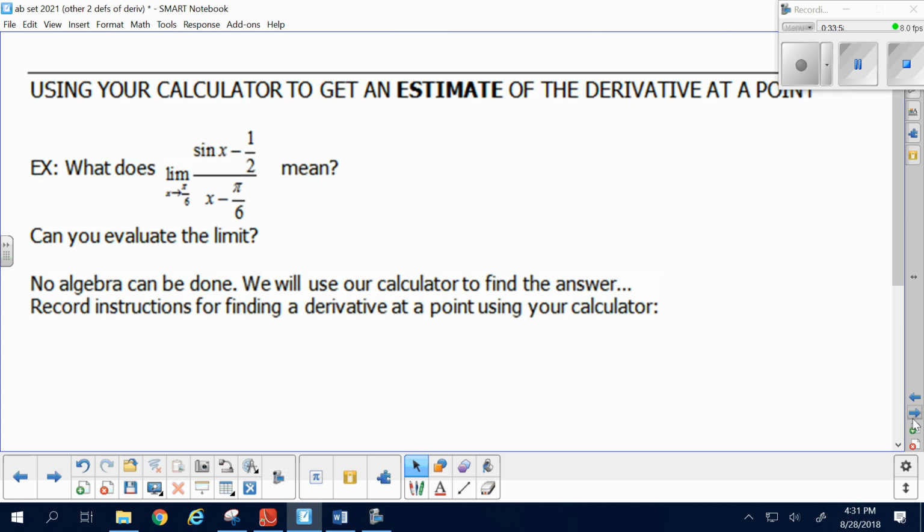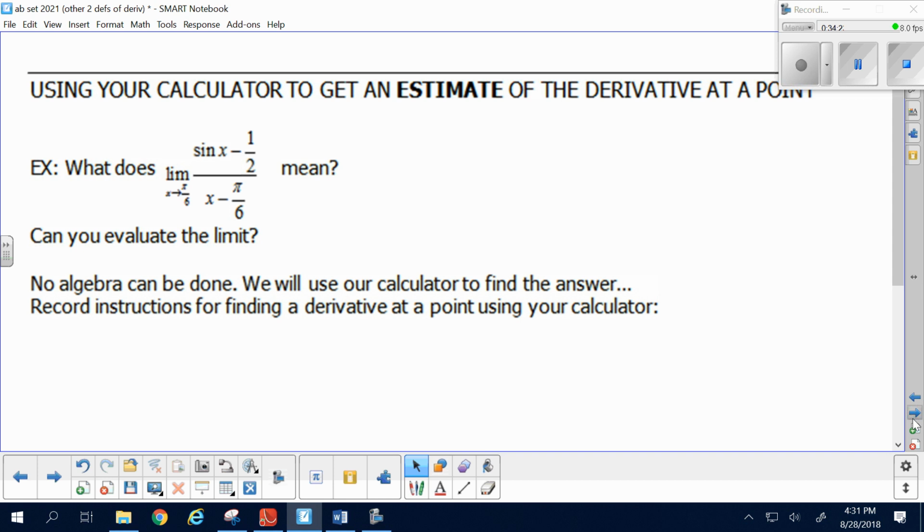Now, last but not least, using your calculator to find a derivative. It's hard to visualize the slope. It's a lot of error in that. So your calculator is going to make a calculation by choosing tiny, tiny points very close together. Like in the Inspire, I think they're 100,000th apart or something like that, and finding the slope, and that's where it's going to get its derivative estimate.